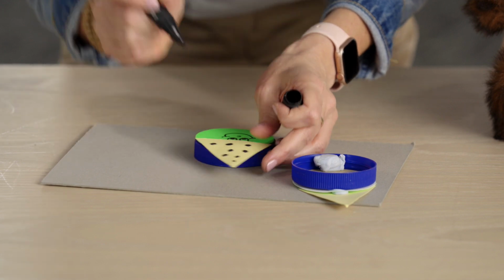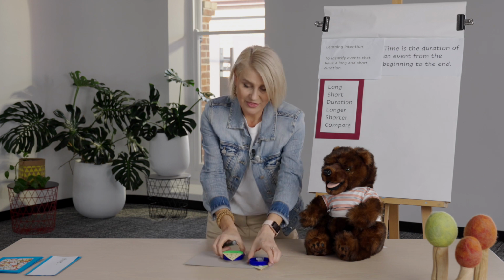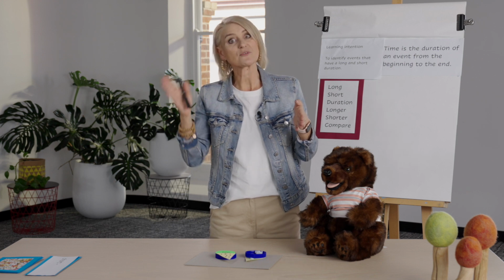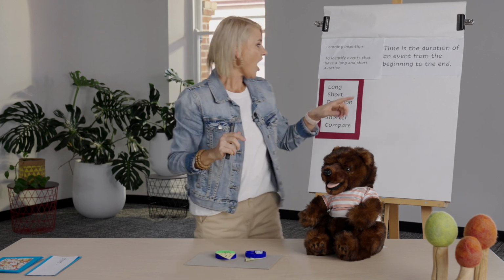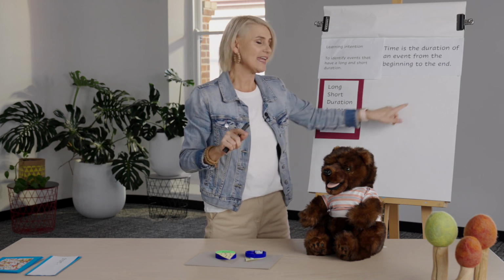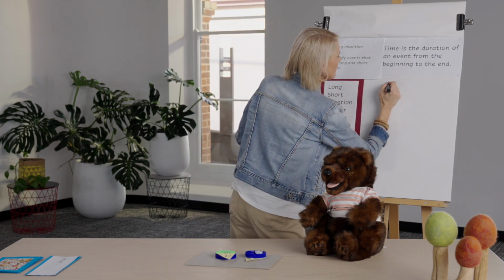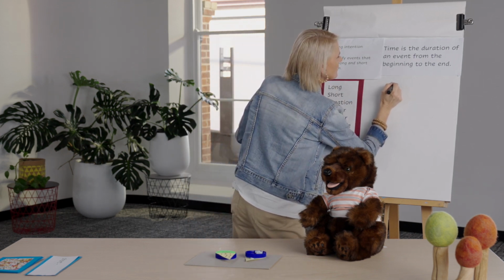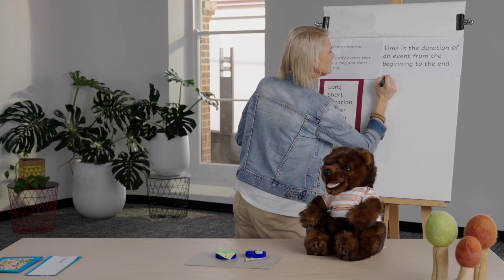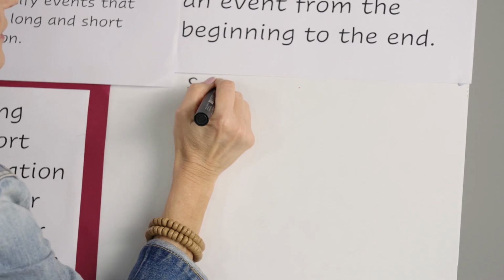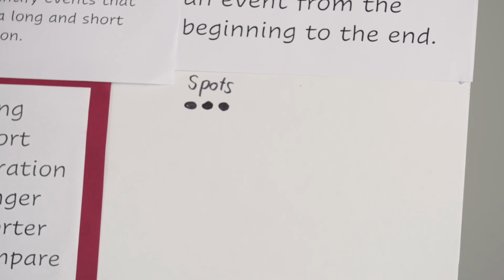Now when I'm going to measure the duration of the rocker timers, I'm going to see which one goes for longer. Which one takes a longer time to stop rocking. I'm going to measure and then I'm going to put them up on here. We're going to collect some data. So I'm going to draw some spots here and I'm going to write spots.